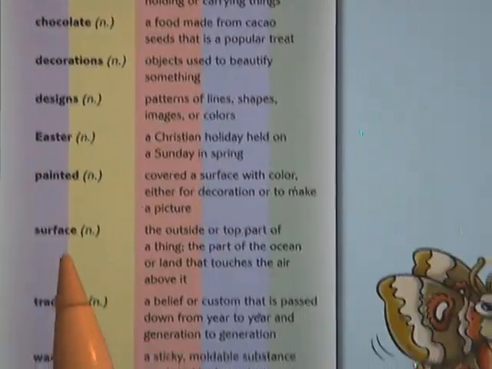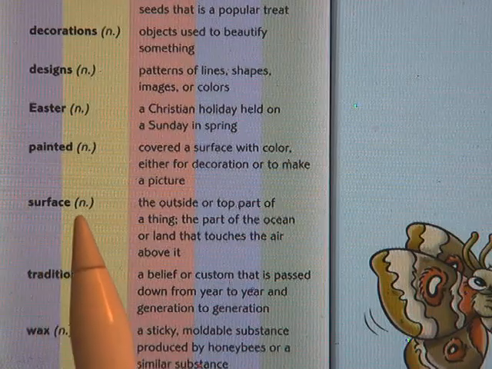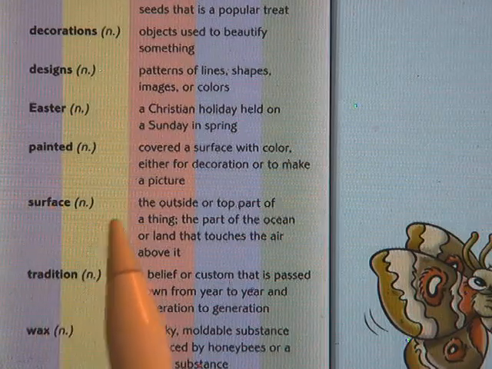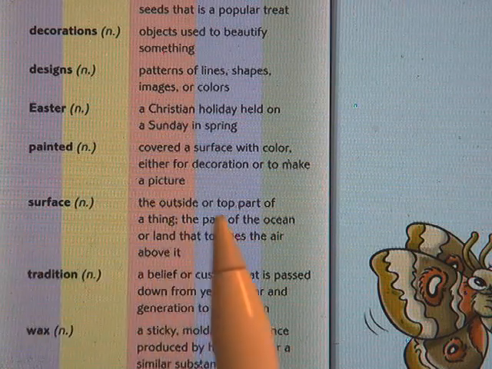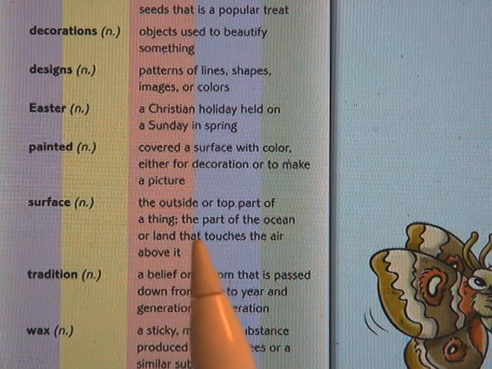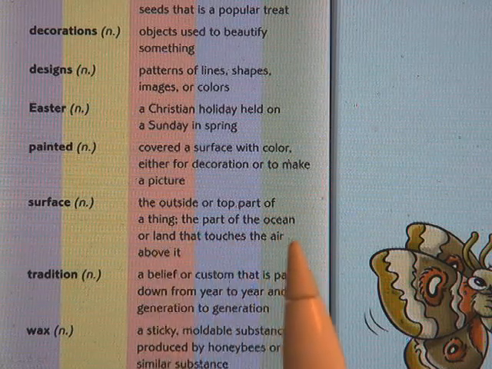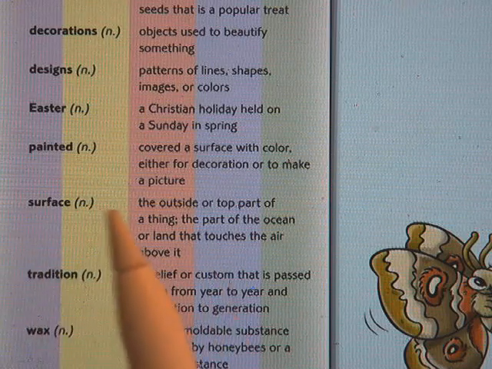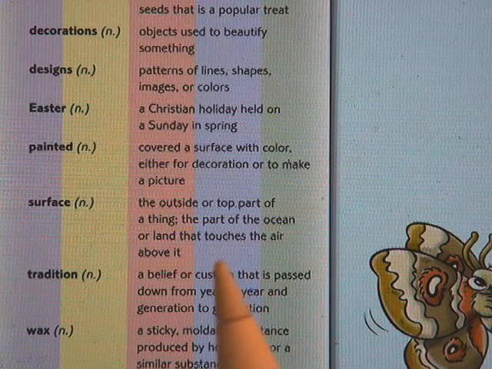Say surface. Spell it: S-U-R-F-A-C-E. Again, it's a noun. In this particular case, it's a thing. The outside or top part of a thing, the part of the ocean or land that touches the air above it. Surface. So I wonder which part we're going to be talking about.